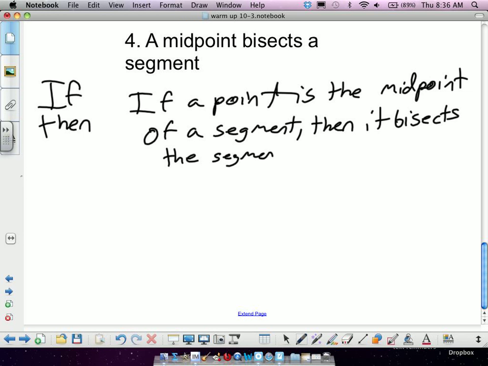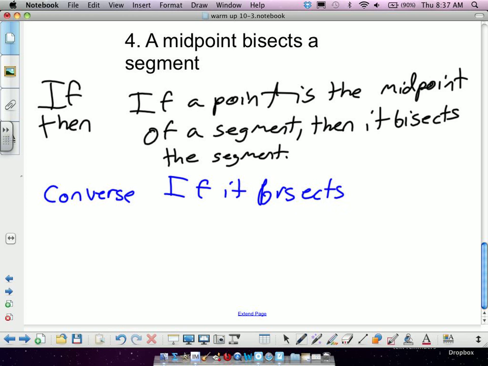What's the other one, you guys had the converse? Okay, what was the converse, guys? If a point bisects the segment, that is the midpoint.